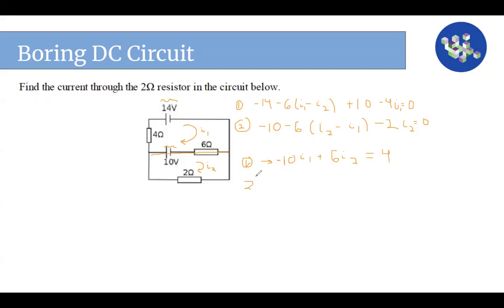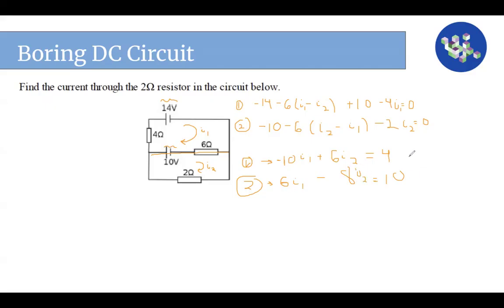And equation 2, if you simplify, you get 10 equals 6I1 minus 8I2.